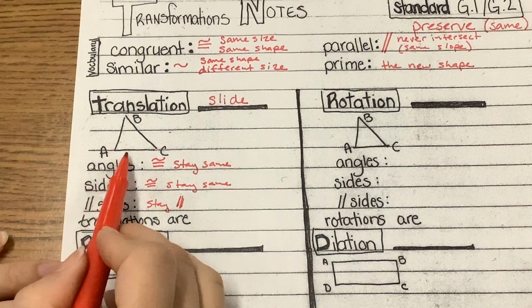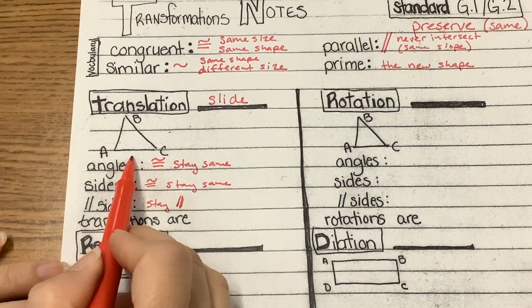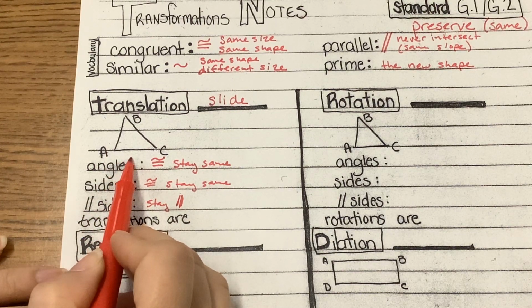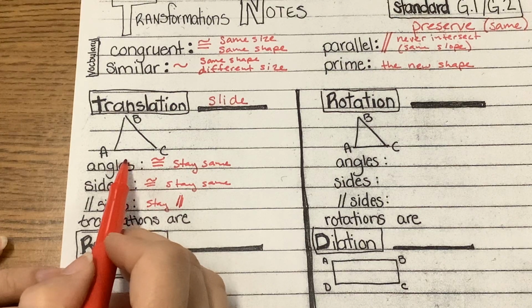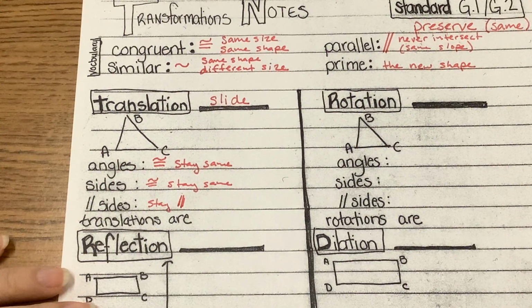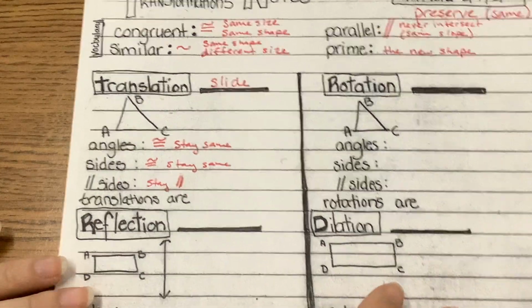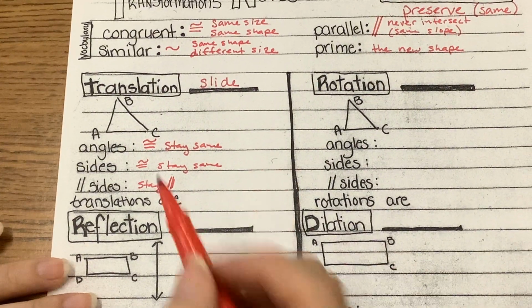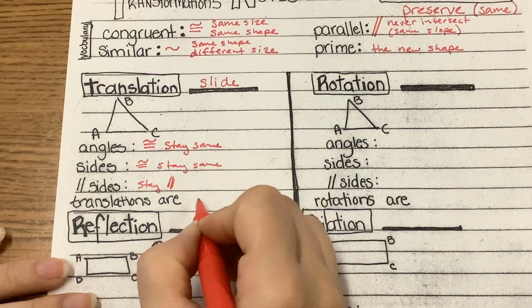Now, are there any parallel sides on this triangle? No, there are no parallel sides, but if they were, they would stay that way. Okay, so translations are congruent. They're going to stay the same.